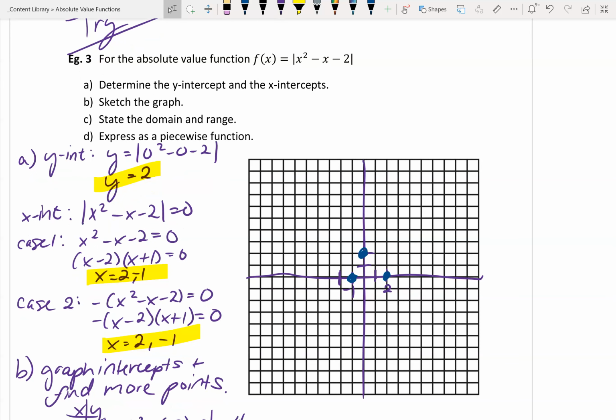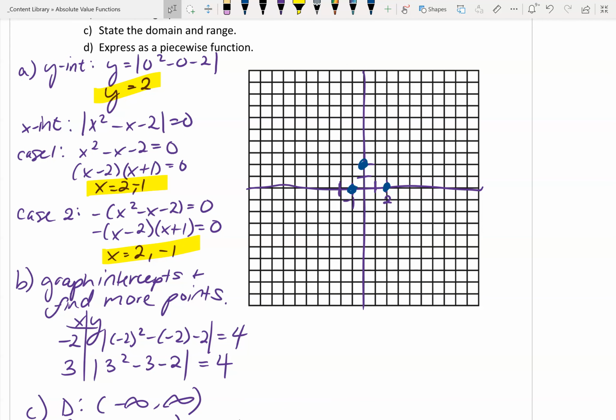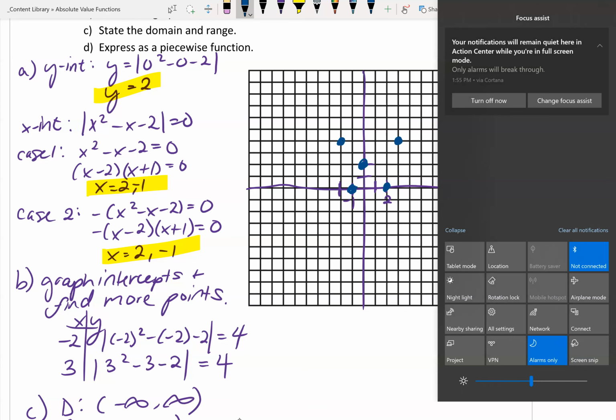So I graphed the intercepts. Now we need to find more points. I calculated 2 other points, which is at -2 and 3, and I plugged it back into our f of x to find our y value. So we have points at -2, 4, and a point at 3, 4. Now I'm going to connect our points from left to right.